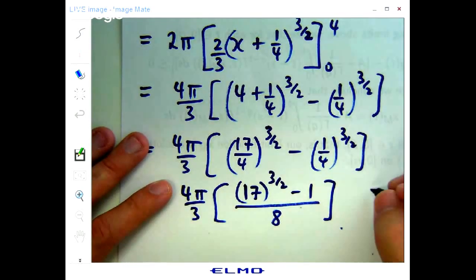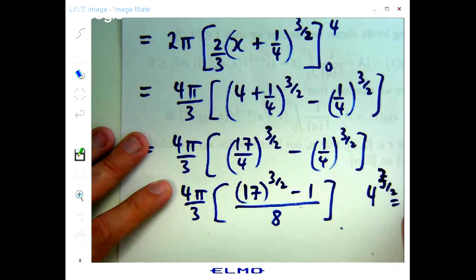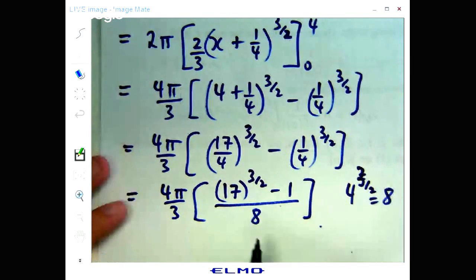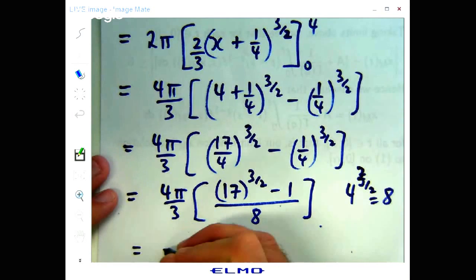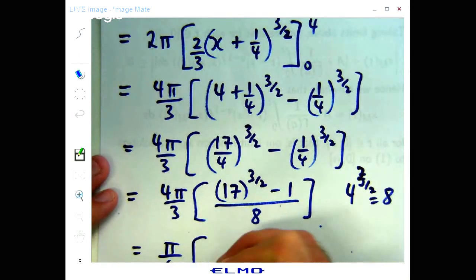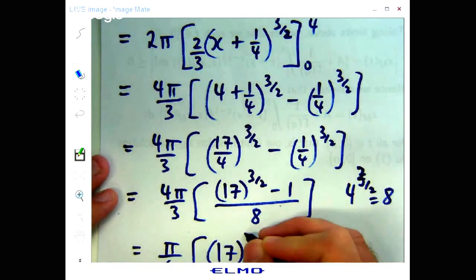Okay, so 4 to the 3 on 2 equals 8. And then you can cross off here, you get a pi on 6 out the front. And we're finished.